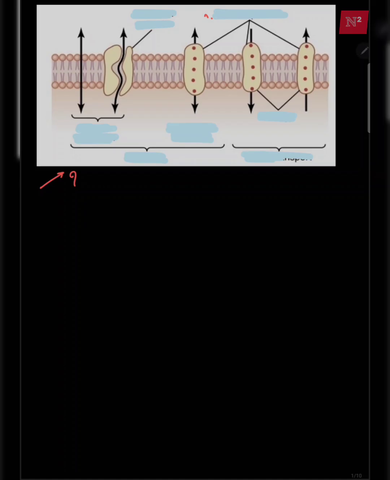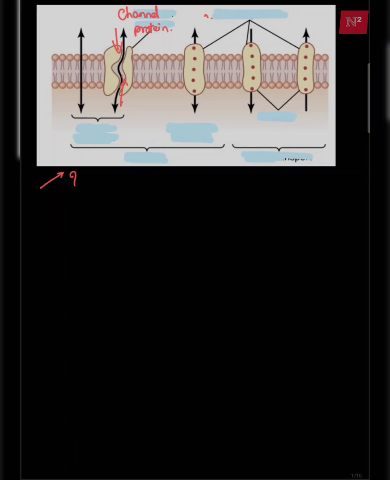So in our cell we have certain transmembrane proteins which are called channel proteins, which transport some substances from outside to inside or from inside to outside with the help of this protein. So you can think of this protein as a tunnel, connecting two sides of the cell.